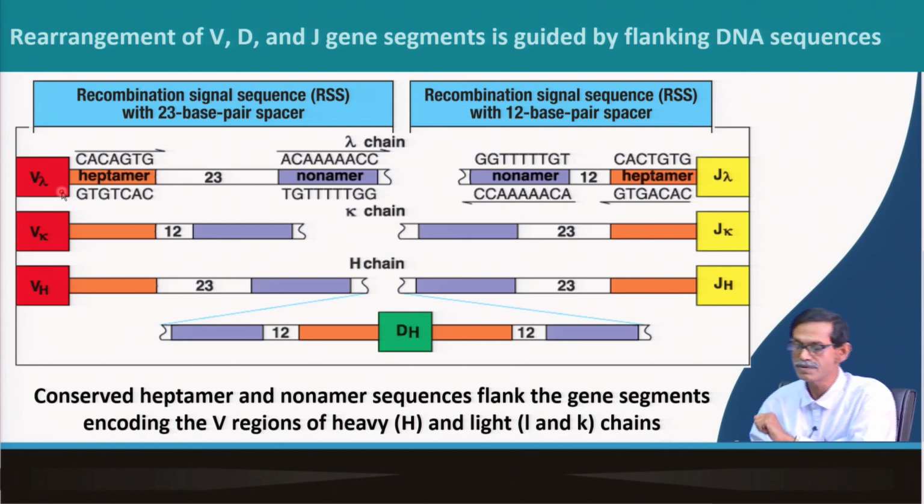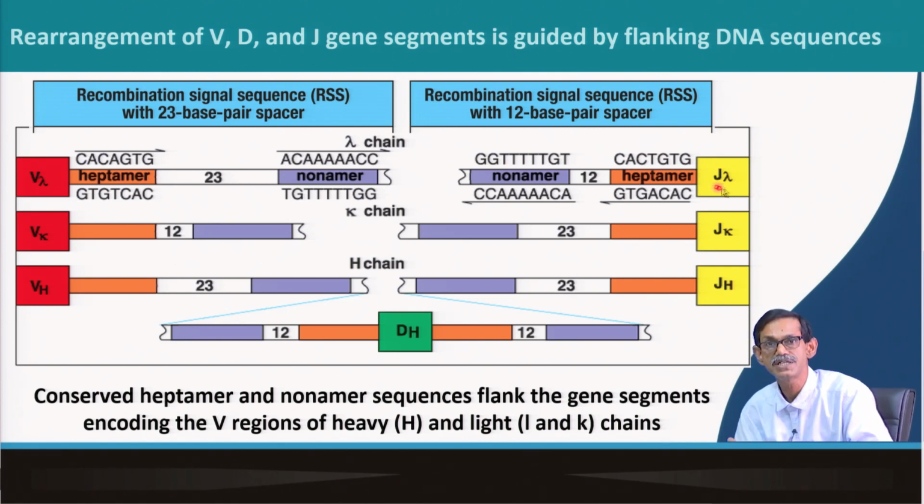Okay. Similarly, if you see J chain of the lambda sequence, it is again a heptamer, instead of 23 here, it is 12 nucleotide. Okay. So, heptamer, 12 nucleotide, nonamer, and it is in the 3' flanking sequence. This is also the RSS or recombination signal sequence with 12 base pair spacer.